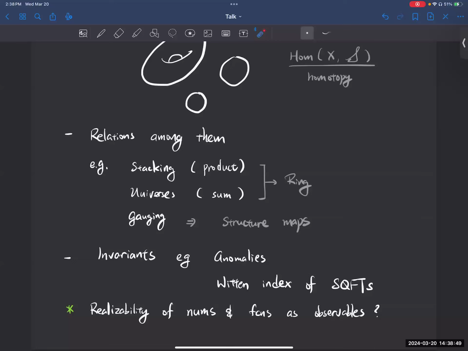For example, some invariants we might want are anomalies, like gravitational anomalies, or if you have symmetries, other types of anomalies. If we have supersymmetry, so SQFTs, then we can also talk about the Witten index. If we restrict ourselves to supersymmetric deformations, then this is also an invariant.